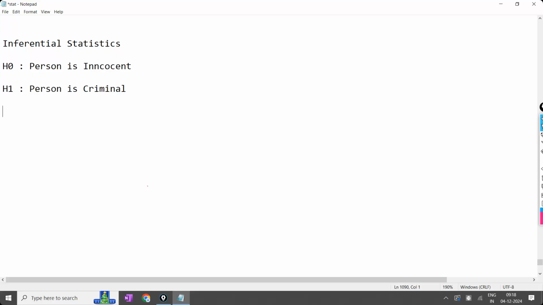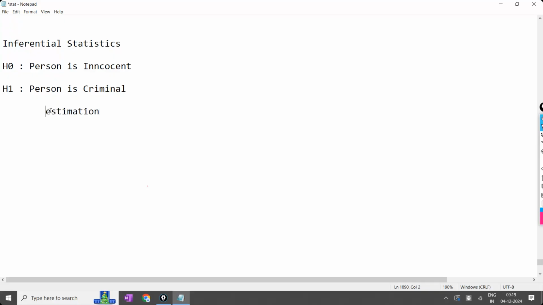Here we are going to estimate, or infer, or conclude whether we have to accept or reject the null hypothesis based on the sample. Our estimation might be one thing, and reality may be another.